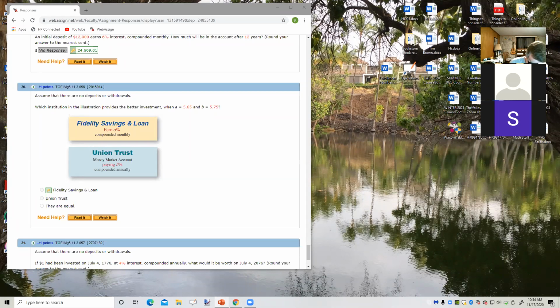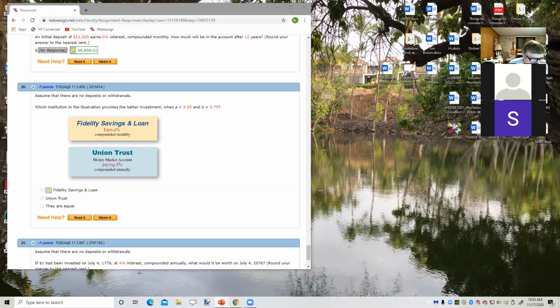Okay, so let's take a look at part A and part B. For A, oh, it doesn't tell us how much money we're investing, does it? Well, let's just pick a set amount. How about $1,000? Okay. So in both cases, the principal is $1,000.